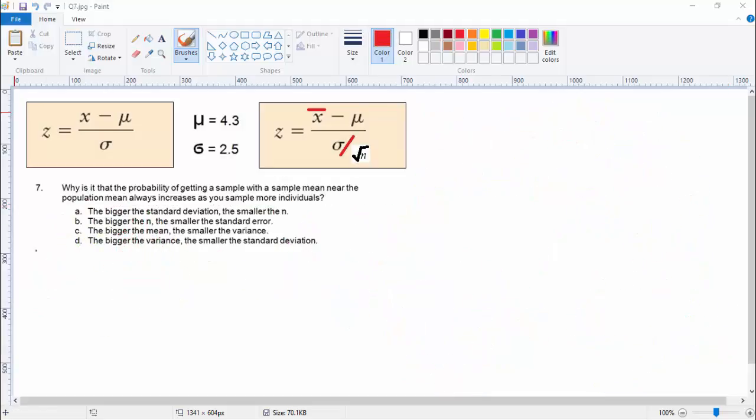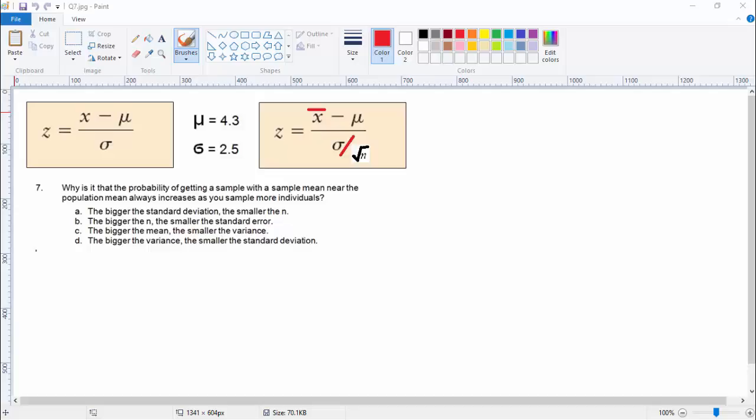Okay, so finally the last question, which is kind of a logic question. And I put it here with the formulas because I wanted you to think about it. Why is it that the probability of getting a sample with the sample mean near the population mean always increases as you sample more individuals?